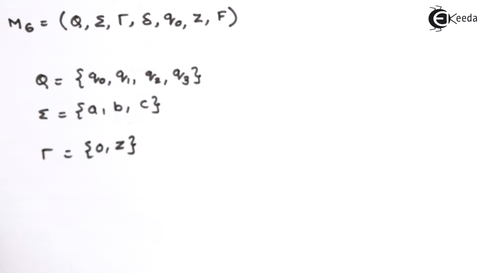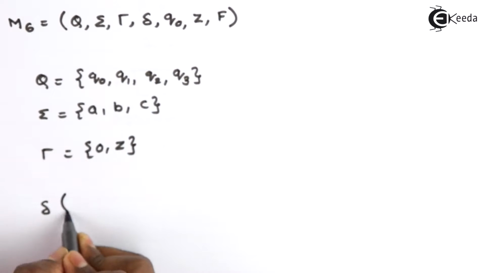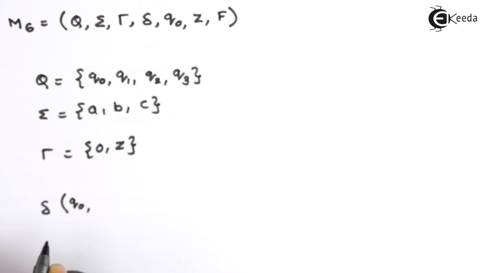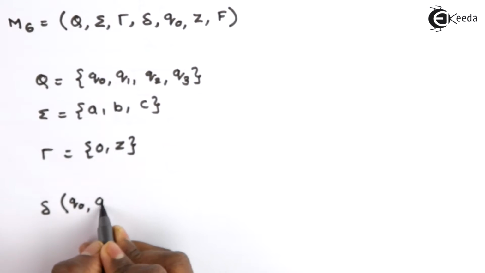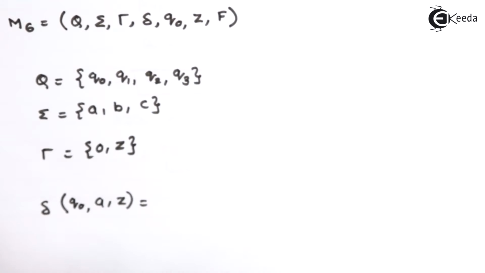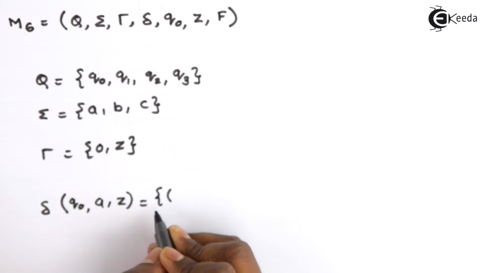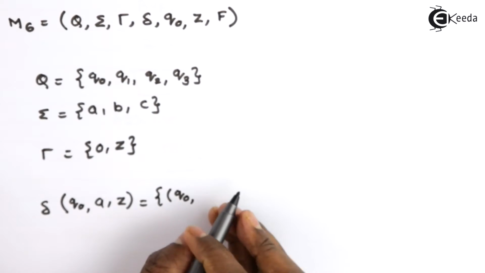Let us write the transitions, delta. Delta on Q0 with Z and A will be to Q0 itself with 0Z.